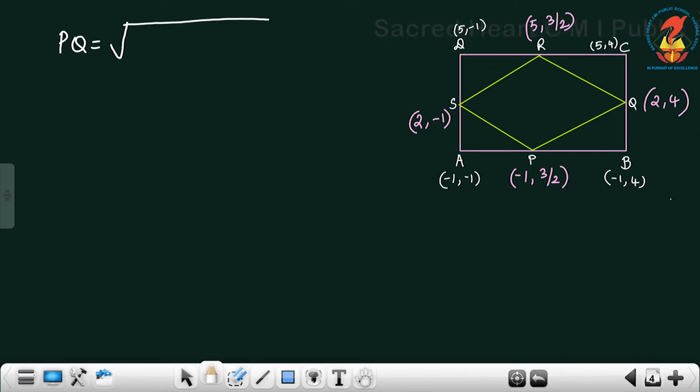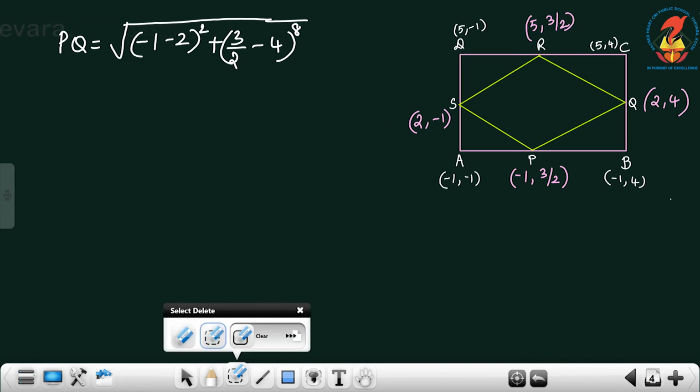equals square root of -1 minus 2 the whole square plus 3 by 2 minus 4 the whole square. Sorry, I have written there 8.